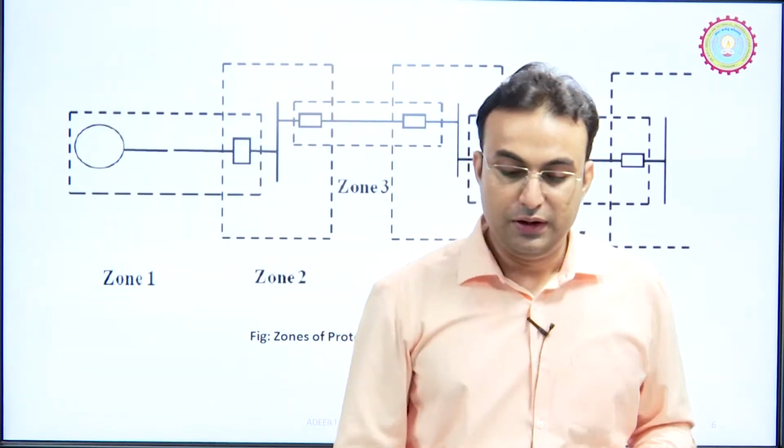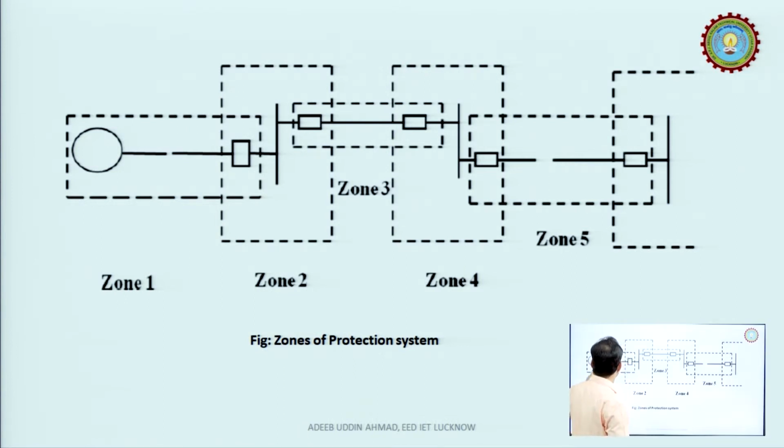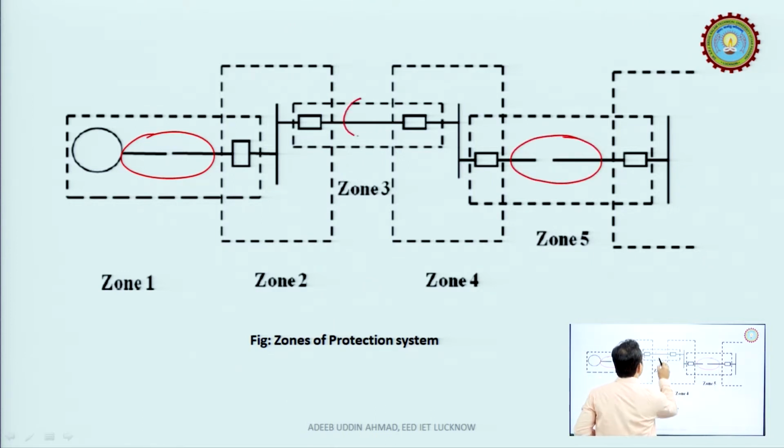In this figure we can easily understand what the zones are. Suppose we have some generators and some power system elements between them, such as transformers and circuits.